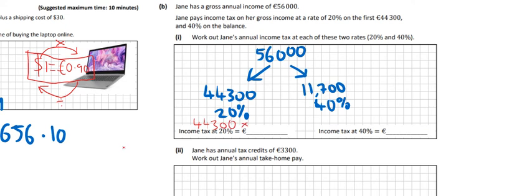Or the other way, you can times 44,300 by 20% as a decimal. So 20% as a decimal is 0.2. Type that into your calculator. We're getting 8860. So that's going to be my first answer here.